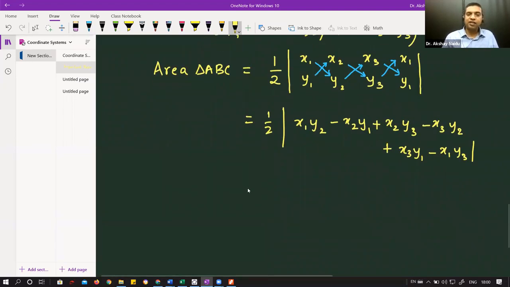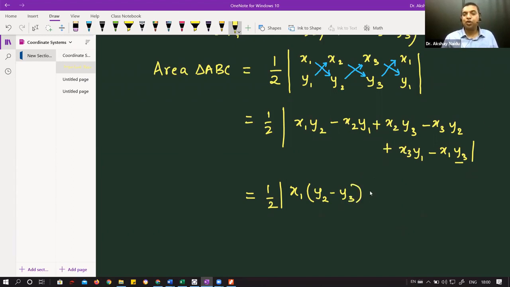Now another simplistic way of writing this is you take x1 common. If I take x1 common, I get y2 minus y3. So I get x1 into y2 minus y3.